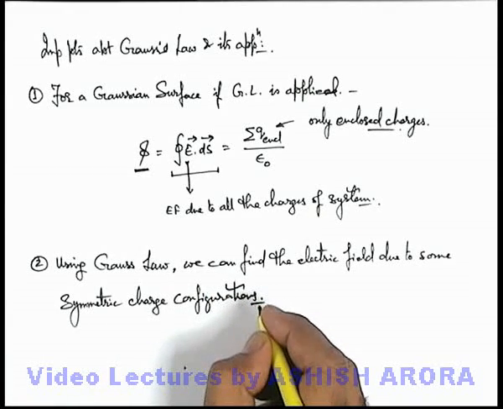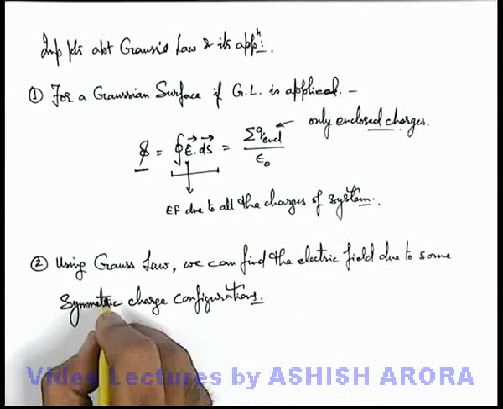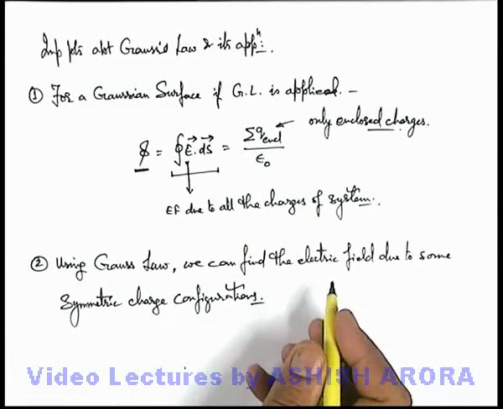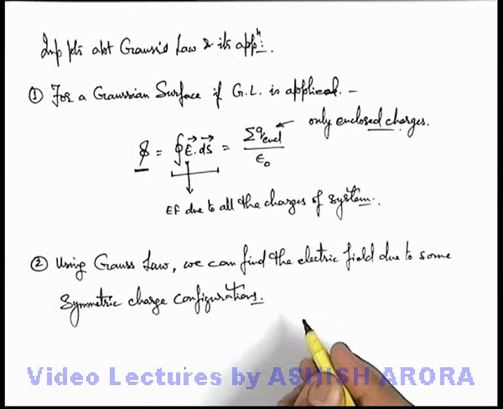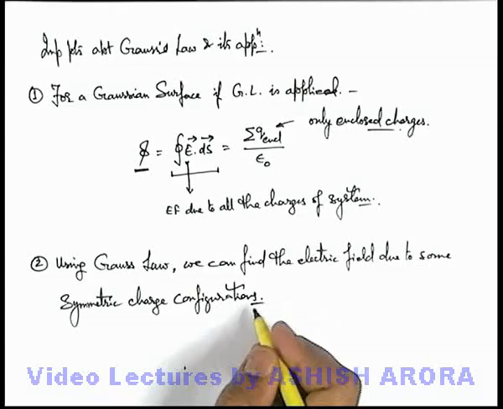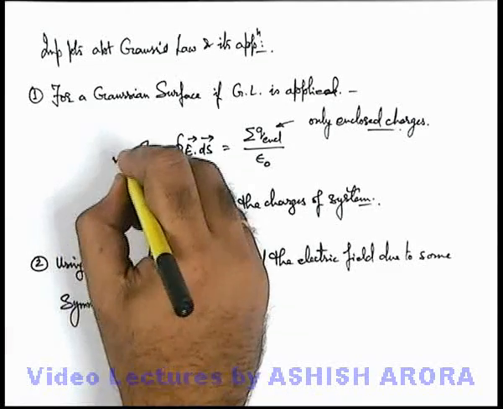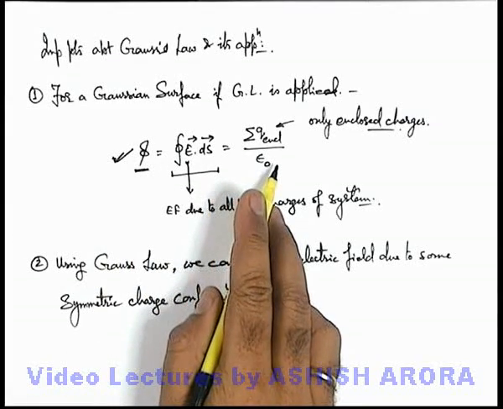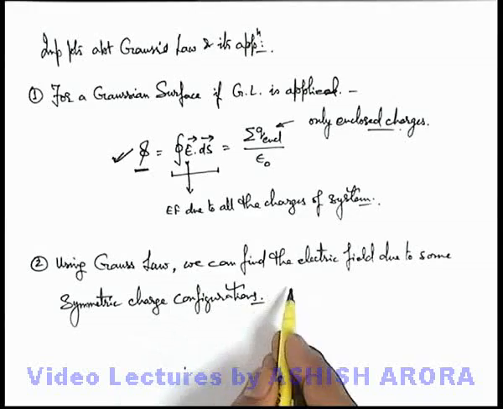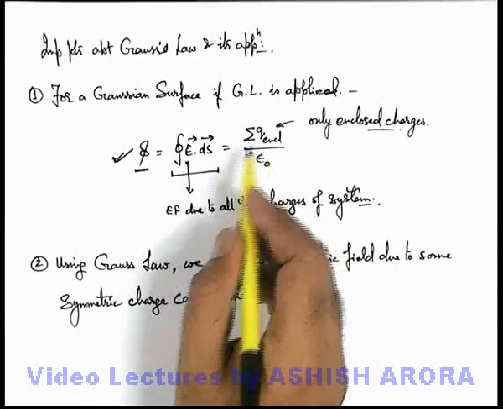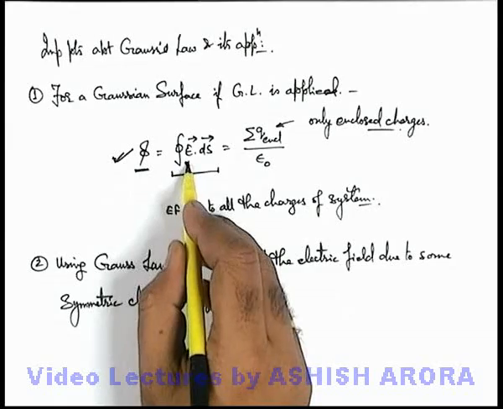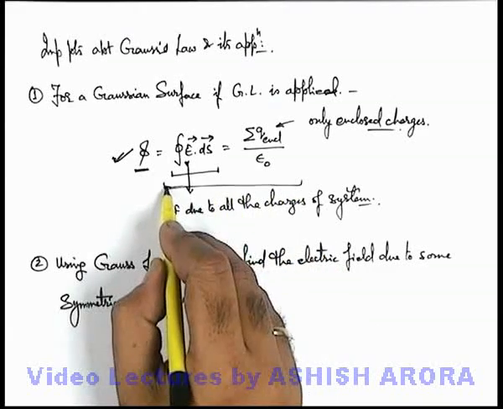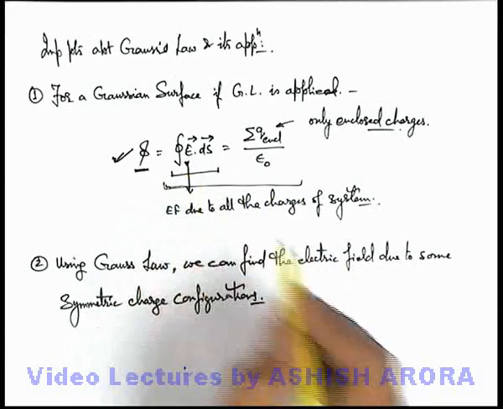In upcoming sections, we are going to study that due to some symmetric charge configuration, in various ways we can apply Gauss law to find out the electric field strength due to the charge configuration. We'll take it up from the next sections, and this is applied in the way we already studied in point number 1. Using this expression only, we find out the electric field. We use the enclosed charges to find out the flux, and we use an unknown electric field in flux calculation, and solving this expression of Gauss law we calculate the value of the unknown electric field. We'll see it in the coming sections.